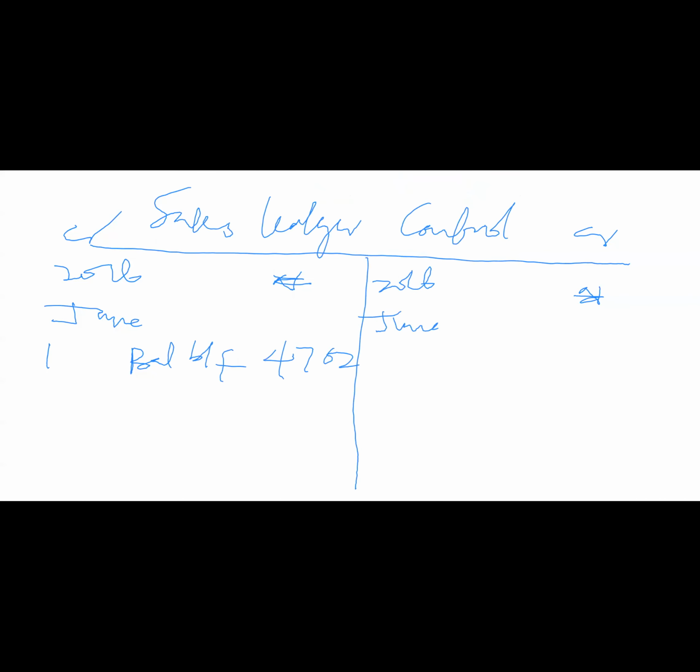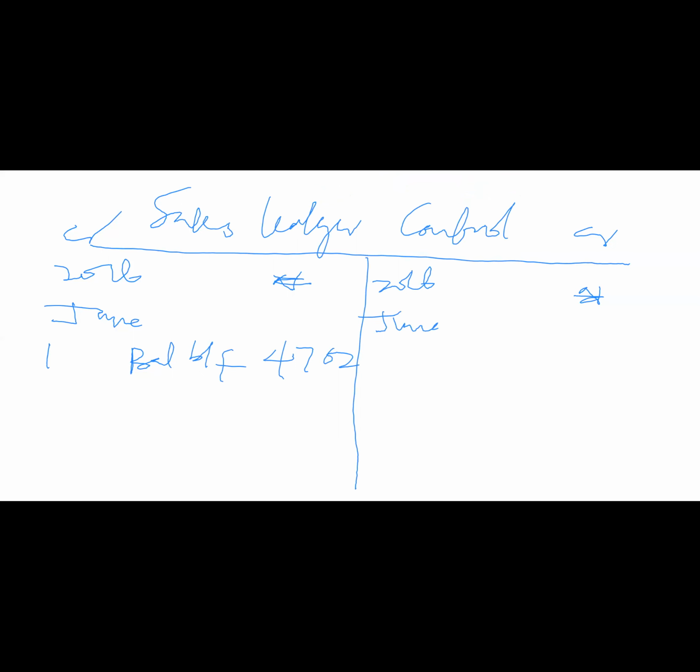So then I said we have sales ledger balances. That will go to the sales ledger control account. The next one is sales journal balances. Are you following?